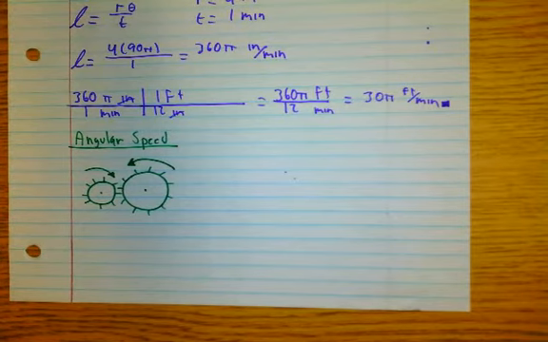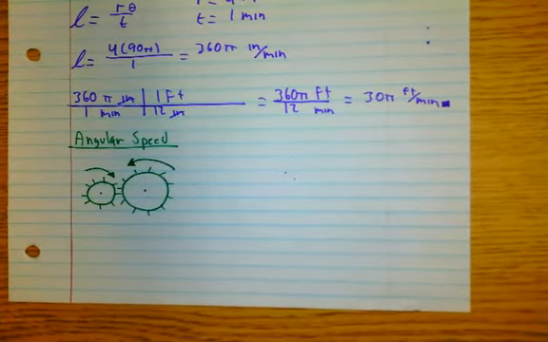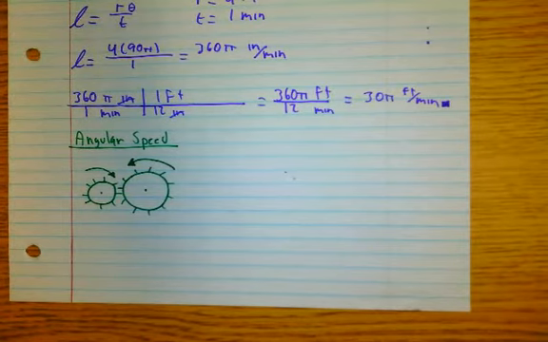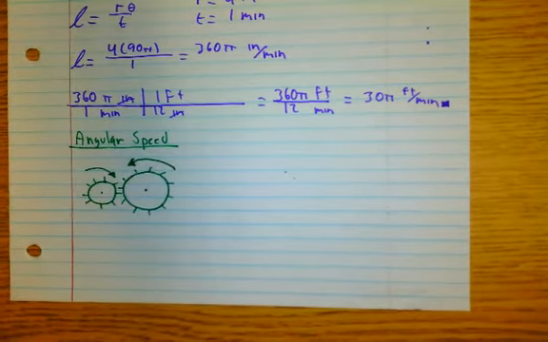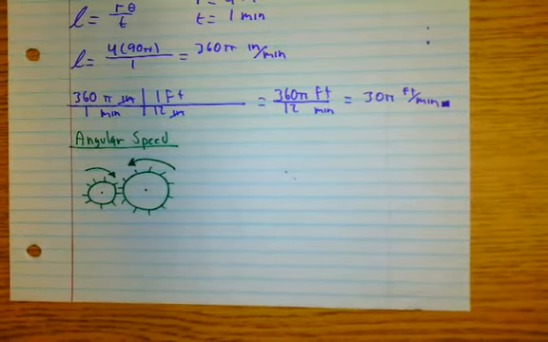Why? They codepend on each other. If one of them is rotating at a certain linear speed, the other one has to be rotating at the exact same linear speed in order for this mechanism to work.